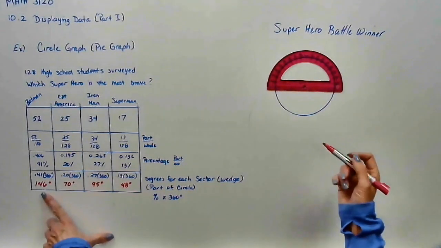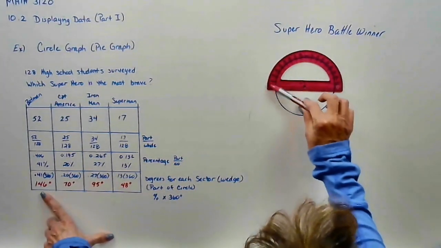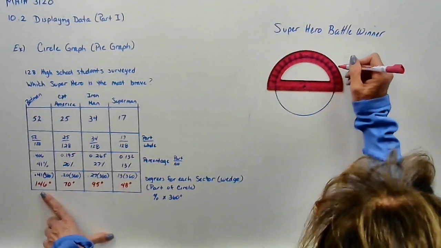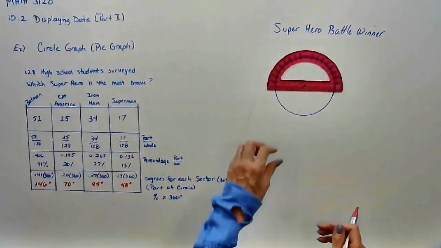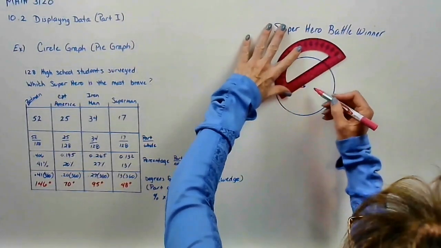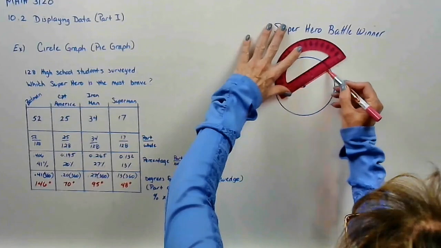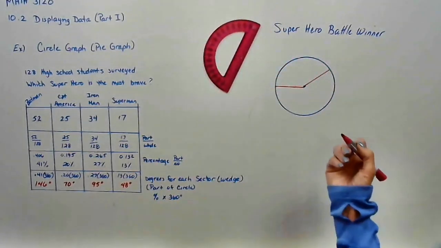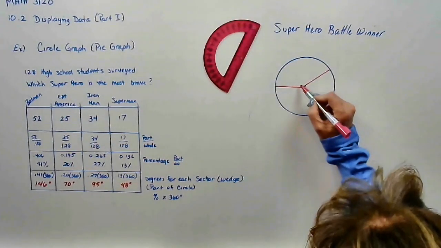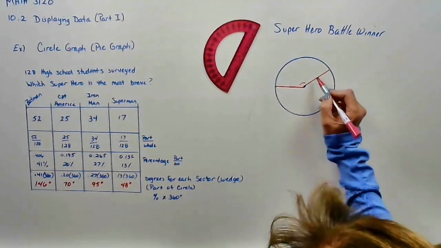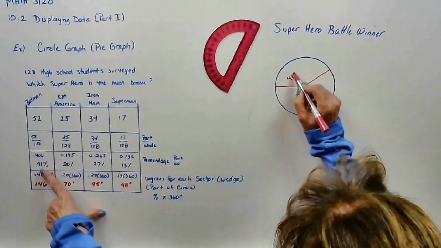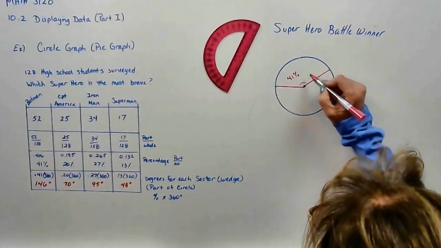Since I need 146 degrees, I'm going to come all the way around on the outside of these numbers to 140, and I have to estimate at 146. Open up my protractor, and remember, please, I have a thick pen, so I'm trying to estimate a little bit. So right here is 146 degrees. So this is 41%, and it represented Batman.